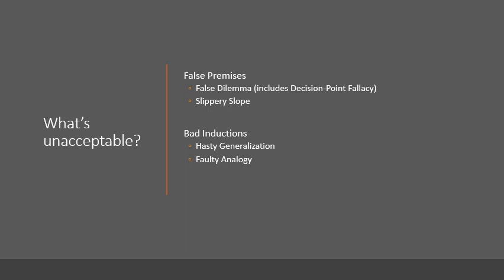In this case, the problem isn't that the premises are false, but rather that the premises are insufficient to draw the conclusion that the induction is supposed to draw, right? Inductive arguments are supposed to support the conclusion. These are premises that fail to do so.